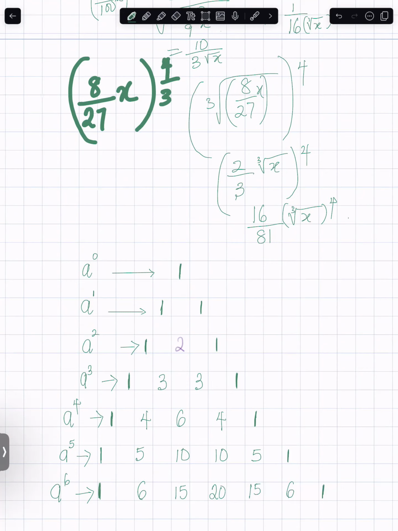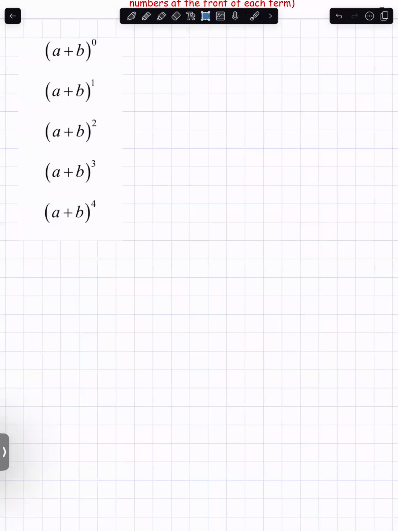So you're going to see how this Pascal triangle works with our expansion. So we'll take examples on different forms of expressions that we are going to expand.